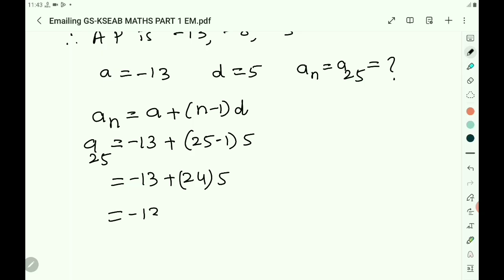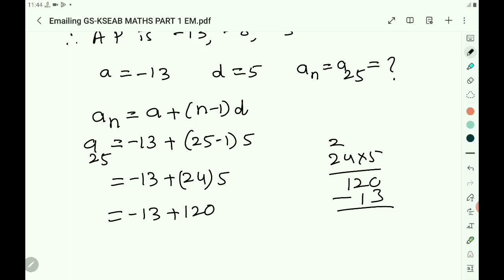That equals minus 13 plus 24 5s are, multiply that, you will get 120. 24 into 5 is 5 4s are 20 and 5 2s are 10, plus 2, 120. Minus 13, you will get 107. A25 is equal to 107.